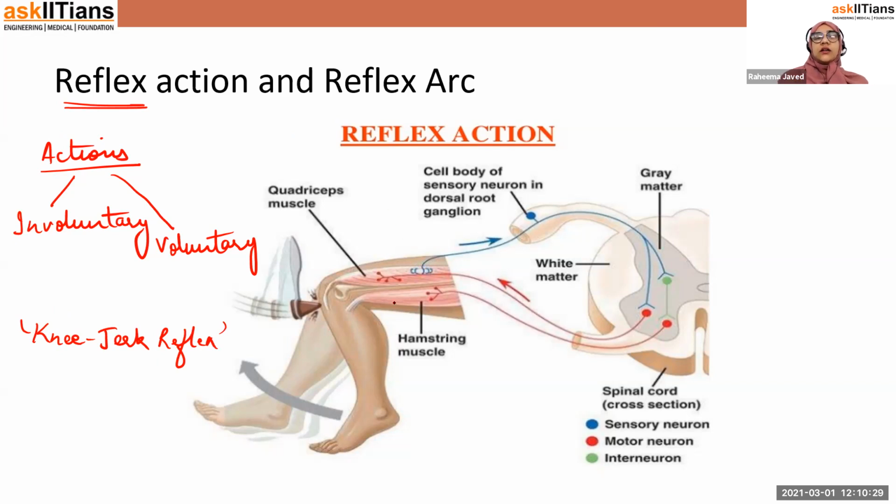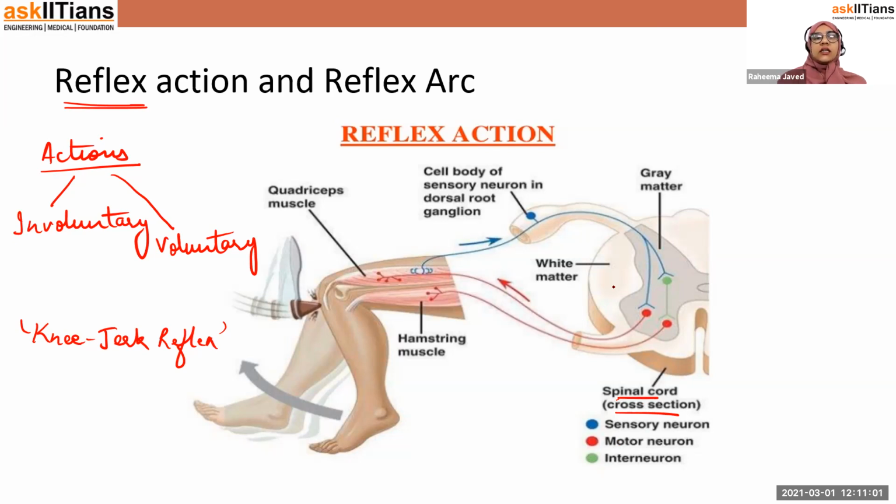Here the muscles take the signal directly to the spinal cord, and the spinal cord brings the motor impulse back to the hamstring muscle, which causes the knee to kick forward. There are other reflex actions also, for example blinking of the eye, coughing, sneezing, hiccoughing, which are not under our control.